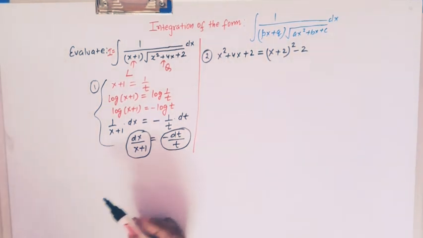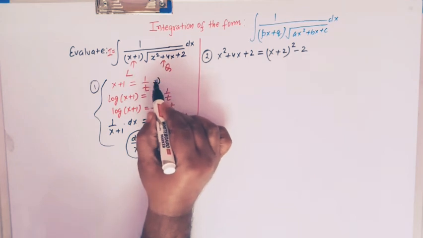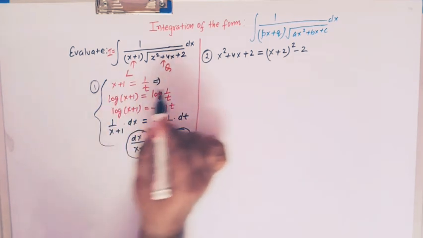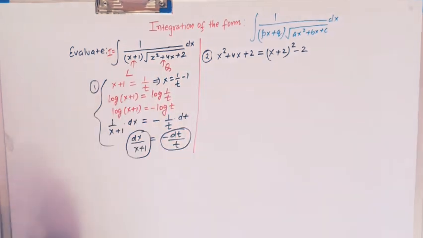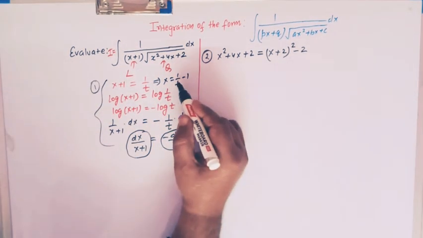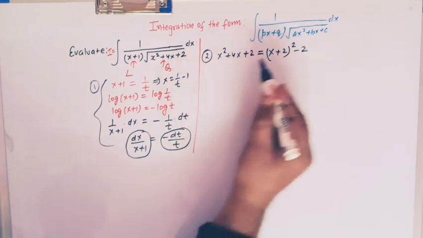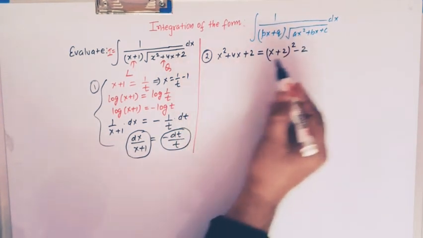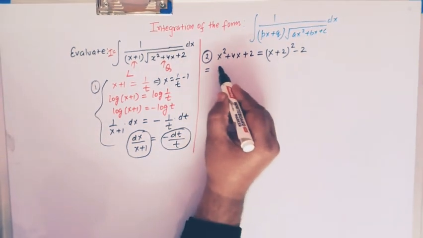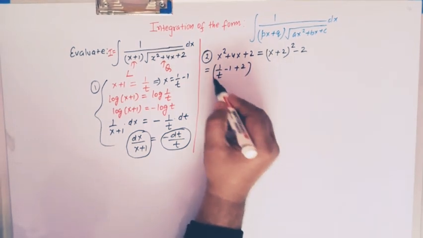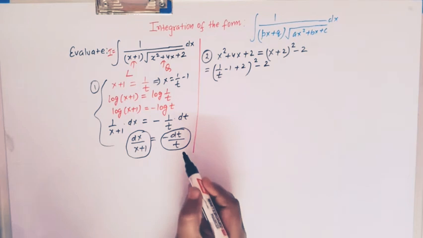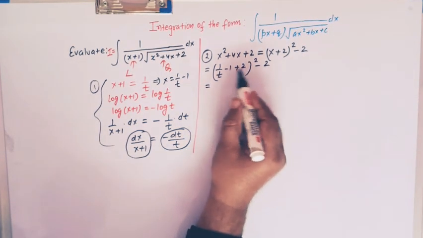Now we have to express it in terms of t. From this relation, we have x is equal to 1 over t minus 1. So if we take x equal to 1 over t minus 1 here, then we have (1 over t minus 1 plus 2) whole square minus 2. Now we can simplify it.